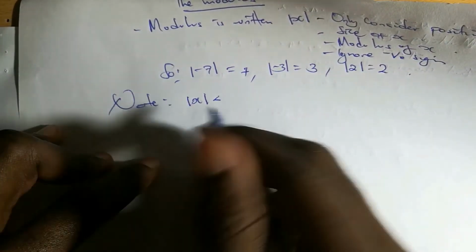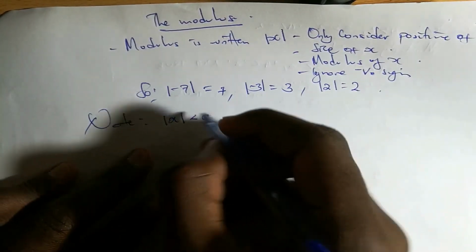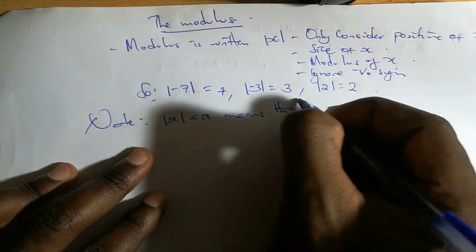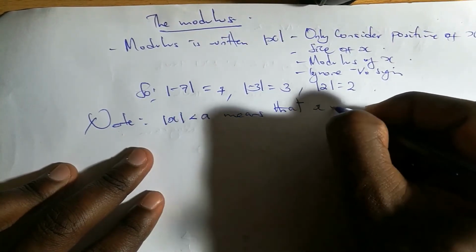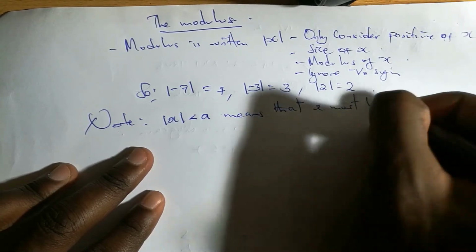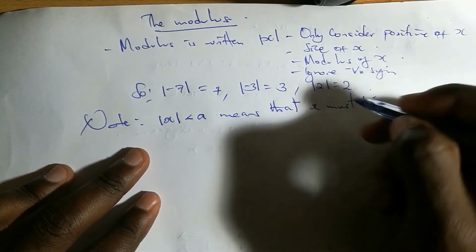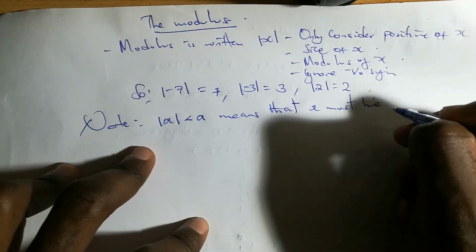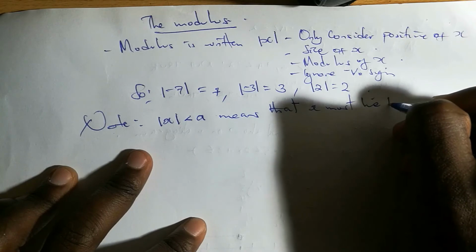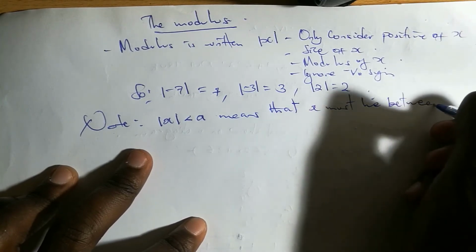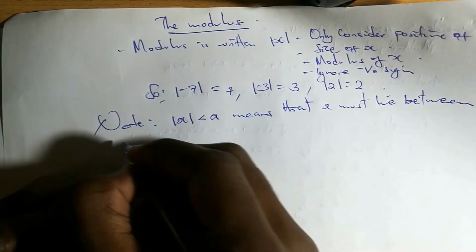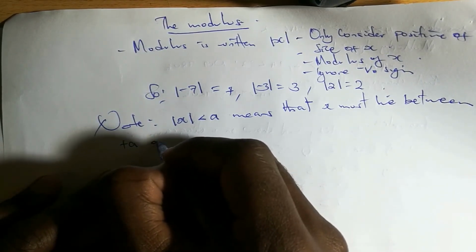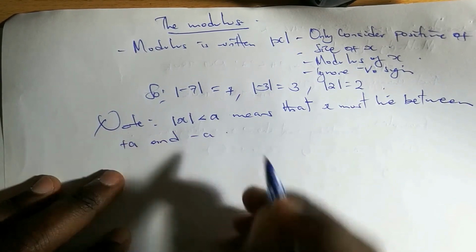The modulus of x less than a number a means that x must lie between positive a and negative a.